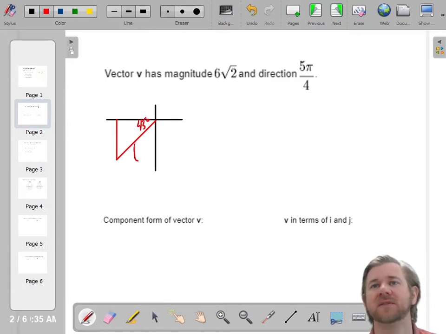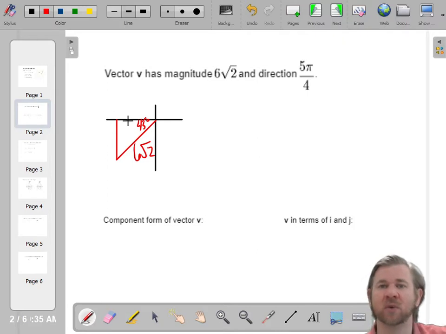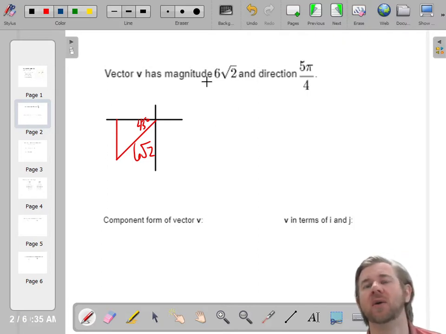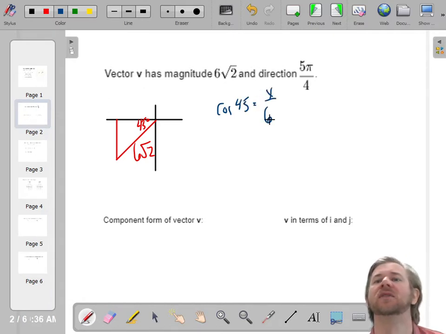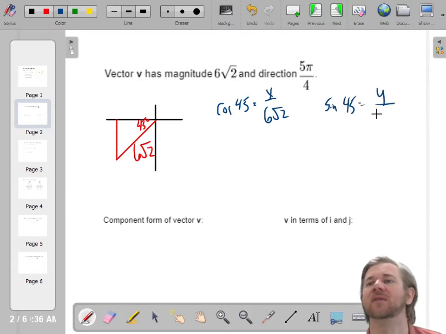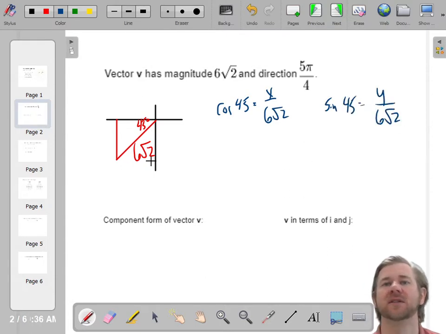So I have magnitude of 6 radical 2, and I need to find the x and y component. This is the same thing we've been doing with polar. Let's say the cosine of 45 is x over 6 radical 2, and the sine of 45 is y over 6 radical 2, adjacent over hypotenuse. This is my x, this is my y.